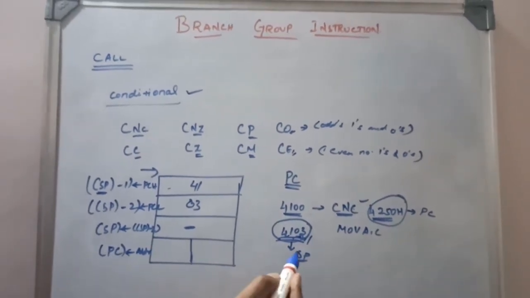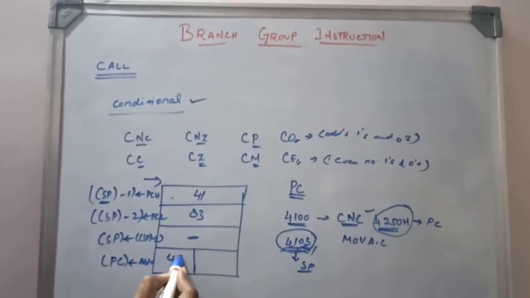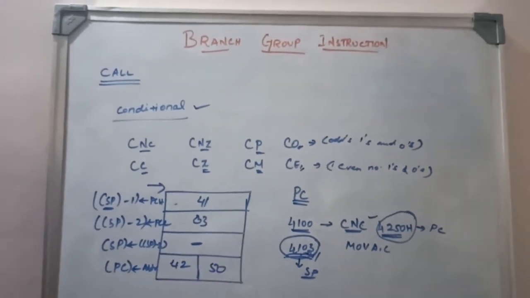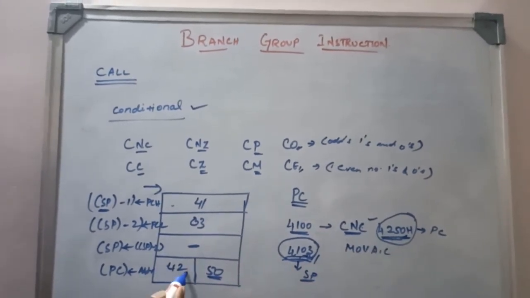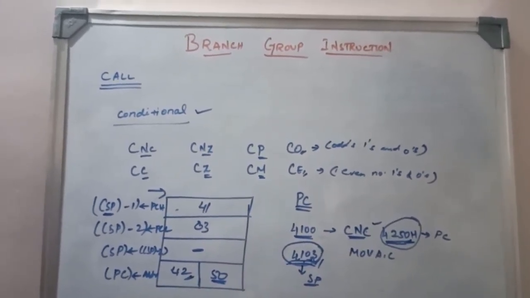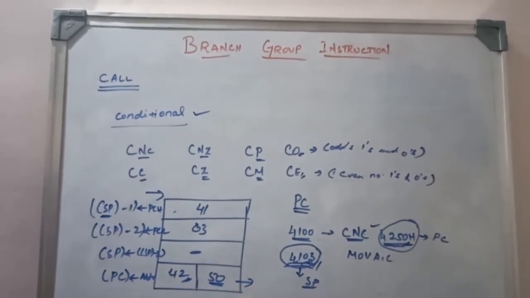Then the new program counter value is 4250, where 50 is the lower order address and 42 is the higher order address. Whatever instruction is here, you can fetch and execute.